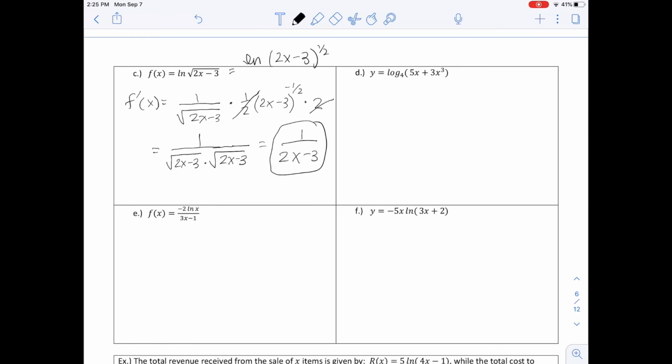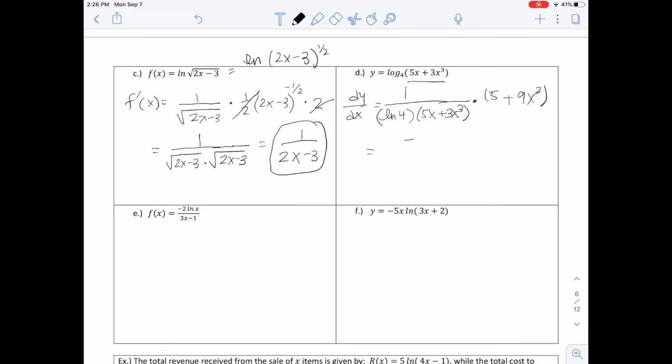Part D says y equals log base 4 of 5x plus 3x cubed. So our derivative, or I will write dy dx this time, is going to be equal to 1 over, and we have ln of our base, which is ln of 4, times what we're taking our log of, which is 5x plus 3x cubed, times the derivative of our inside function, which is going to be 5 plus 9x squared.